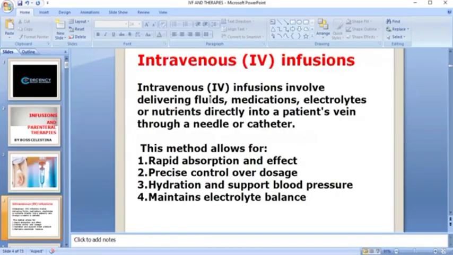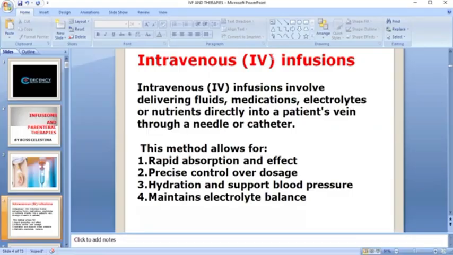So, what is intravenous infusion? Intravenous infusions, these are what? Liquids, fluids that we deliver as medications, electrolytes, or nutrients directly into a patient's vein through a needle or catheter.